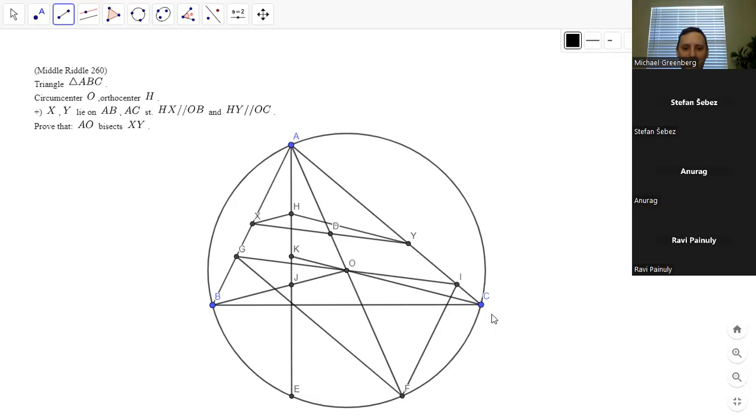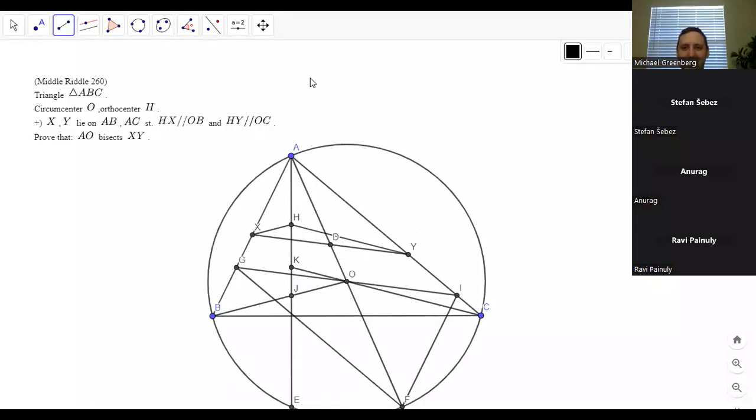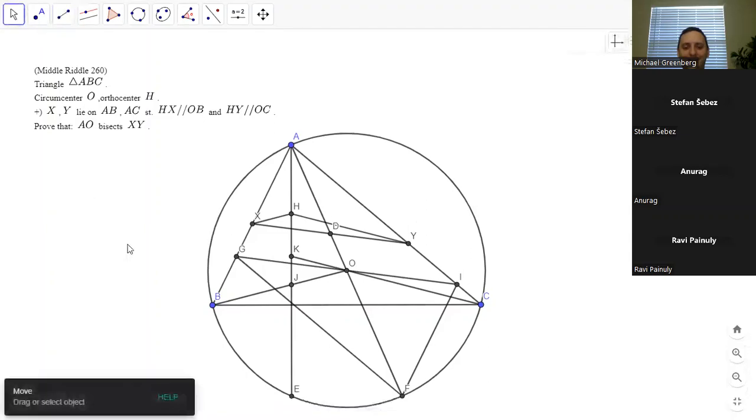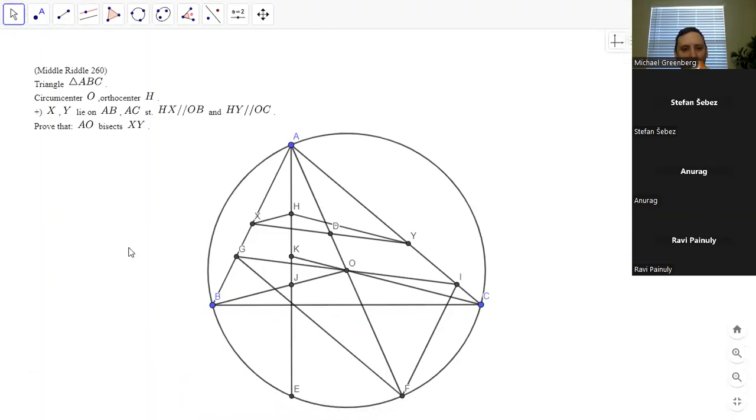Wait. Actually, I'm sure there's so many ways to do this, but AH and AO are isogonals. There's so many ways to do this. It's just figuring out the easiest way. I think I might just do this way though. Let's see.